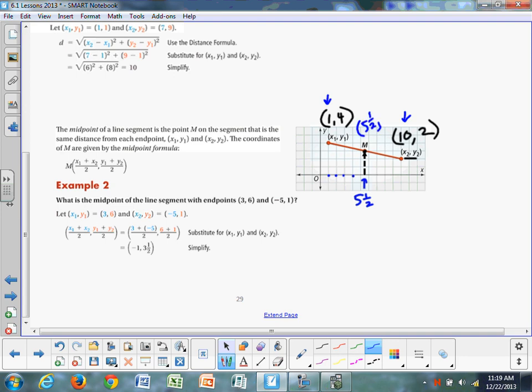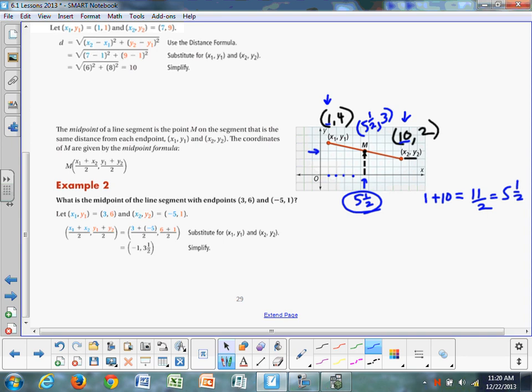And then the y-coordinate is right here at y equals 3. What you might notice is that if you take 1 plus 10, you get 11. And if you divide that by 2, you get 5.5, which is where that x-coordinate midpoint is.